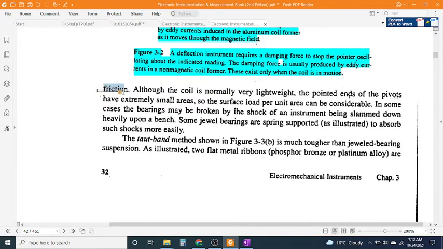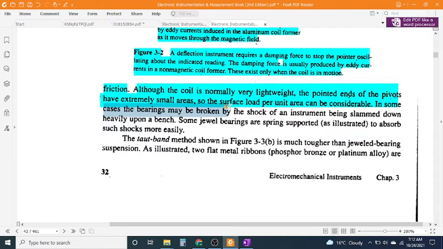Friction. Although the coil is normally very lightweight, the pointed ends of the pivots have extremely small areas, so the surface load per unit area can be considerable. In some cases the bearings may be broken by the shock of an instrument being slammed down heavily upon a bench.